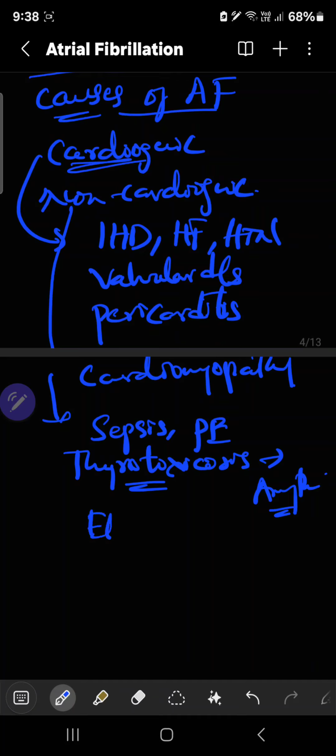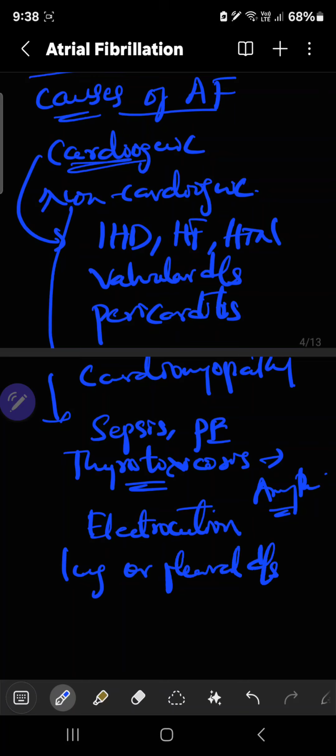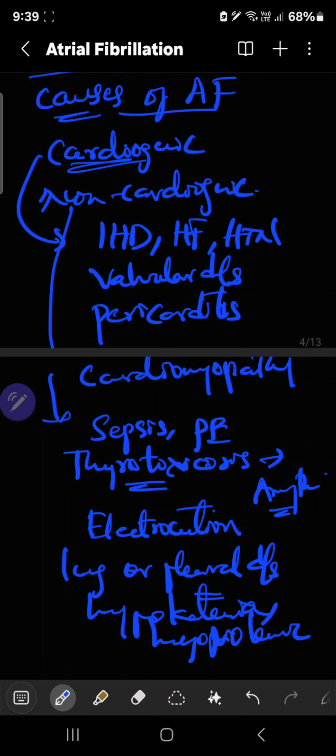And electrocution: a patient after getting a high voltage electric shock may have AF. And lung or pleural disease, and then hypokalemia or hypovolemic shock also, the patient will be having AF.